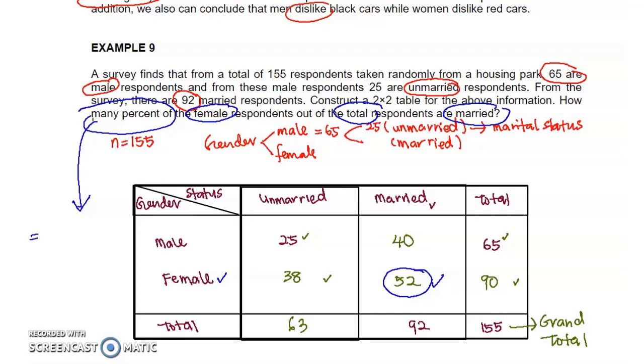Total female married is 52 out of total 155. To calculate percentage, multiply by 100. So 52 over 155 times 100 is 33.5%. So that is a cross tabulation table, or also we call it a contingency table.